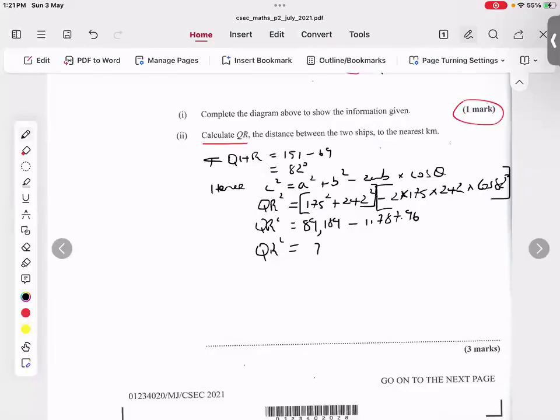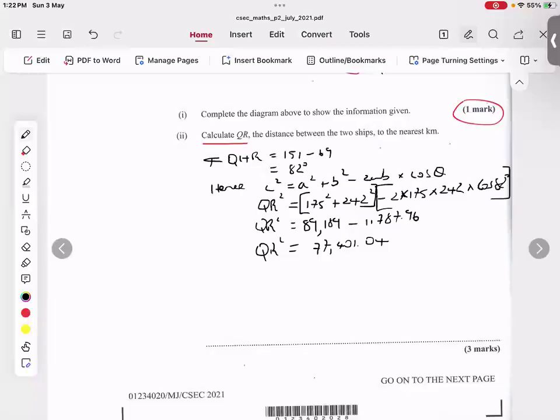All right, so she's saying that she's getting 77,401.04. Can you confirm? Yes, I got that as well. Okay.